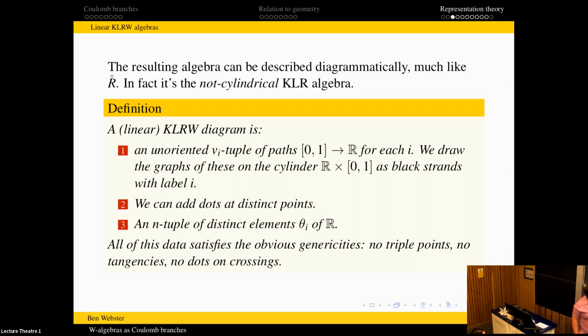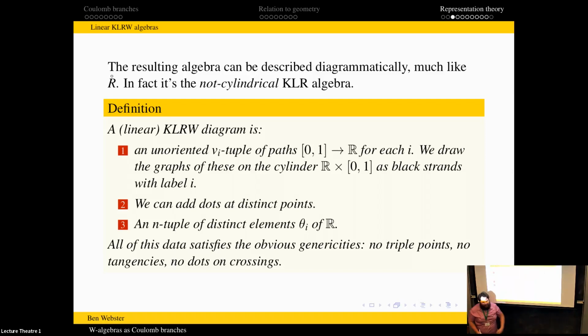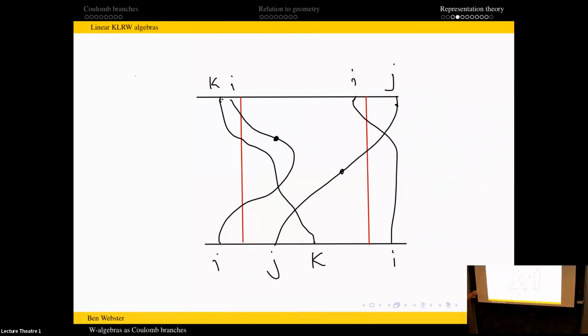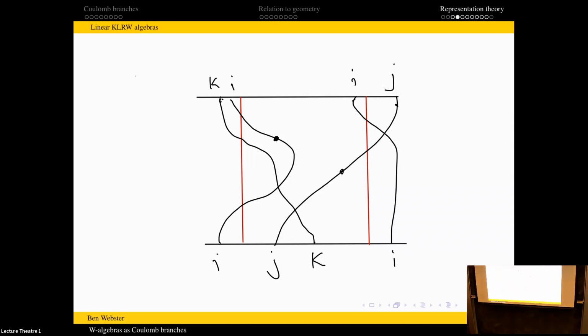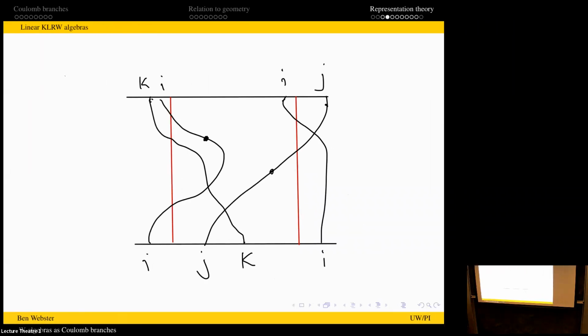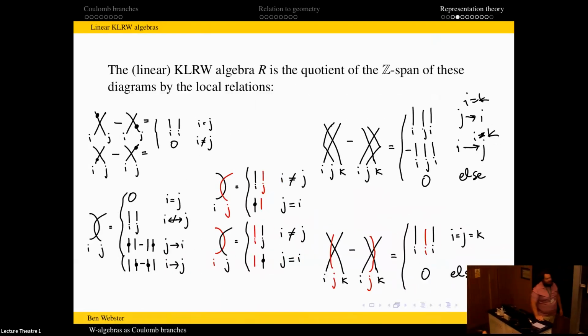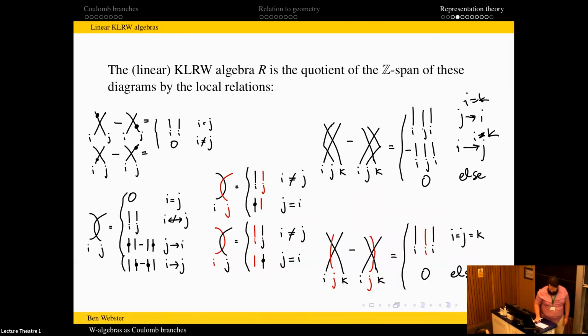It's almost exactly the same, except that I have maps from [0,1] into R. So I get pictures like this instead of the ones on the cylinder. And again, the position of the points you should think of as the eigenvalues of elements in the Gelfand-Tsetlin subalgebra. That's sort of the information you get here. All right, exact same relations, no difference.